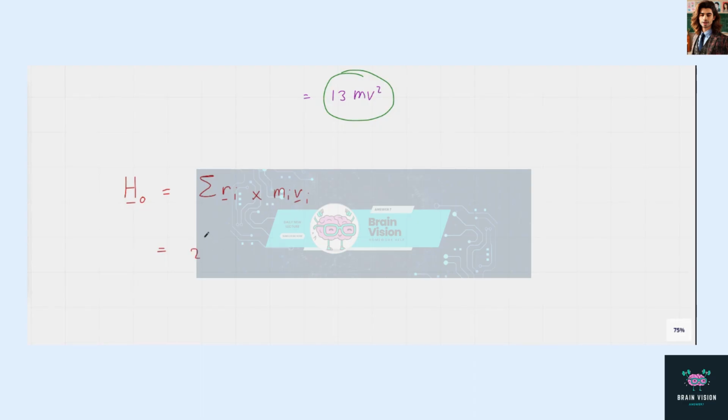And this is simply 2mvd times k plus 12mvd times i plus 6mvd times j.